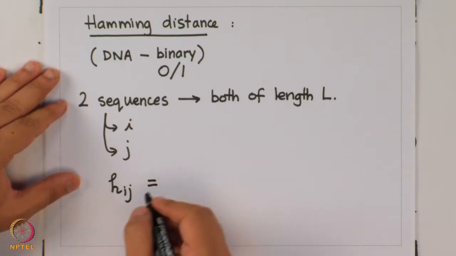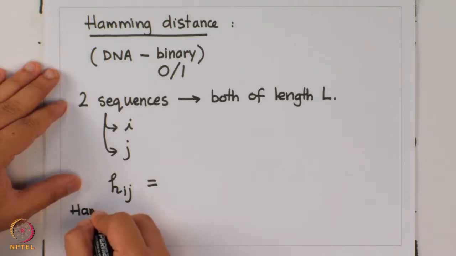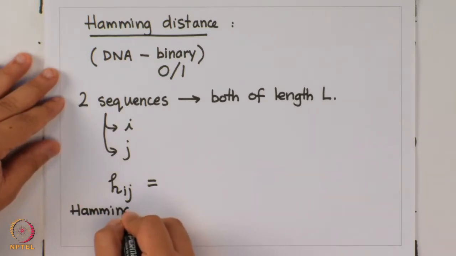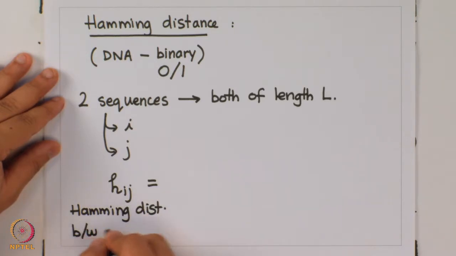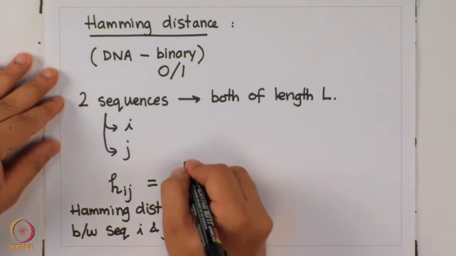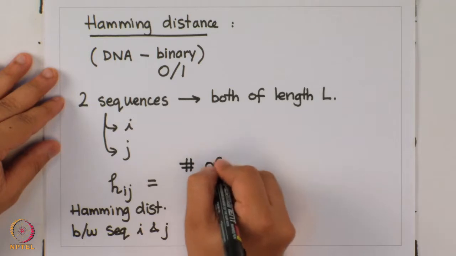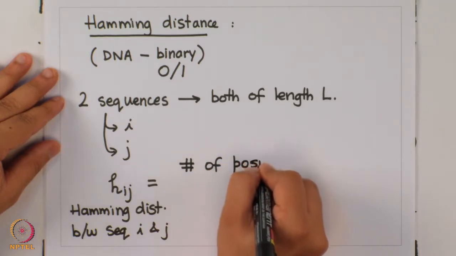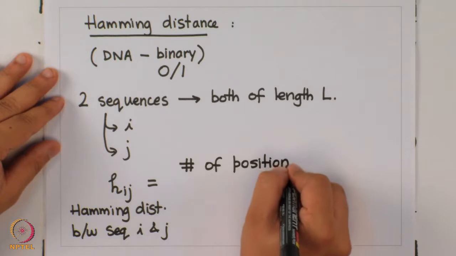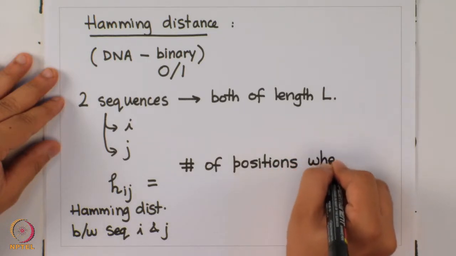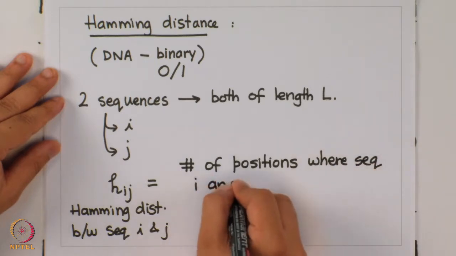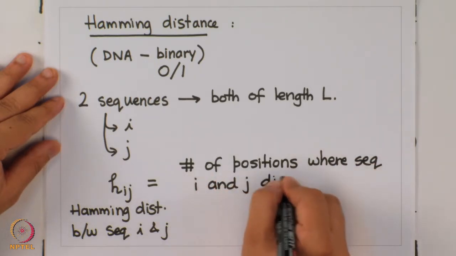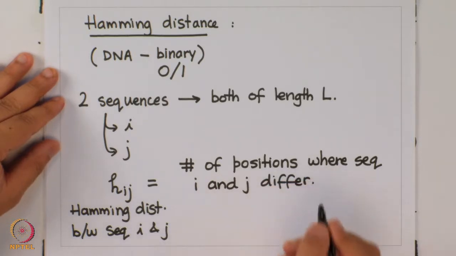So, this is the Hamming distance between sequence I and J, equal to the number of positions where sequence I and J differ from each other. Okay.